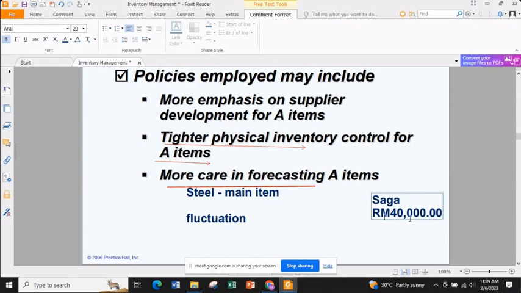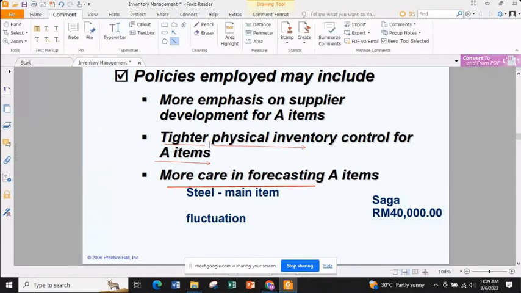In fact, you already announced it through advertisement. The final price is RM 40,000. So how do you control the steel and the fluctuation so that you can maintain this price of RM 40K? There's a unit of an engineer.